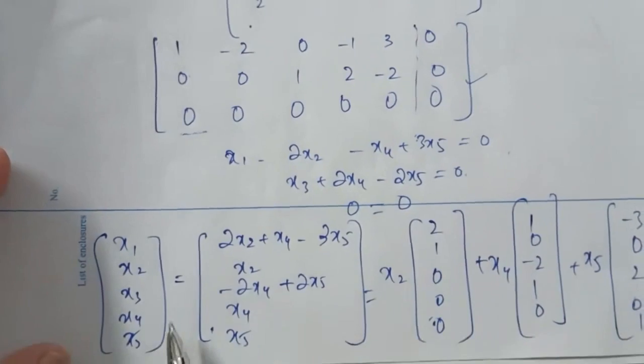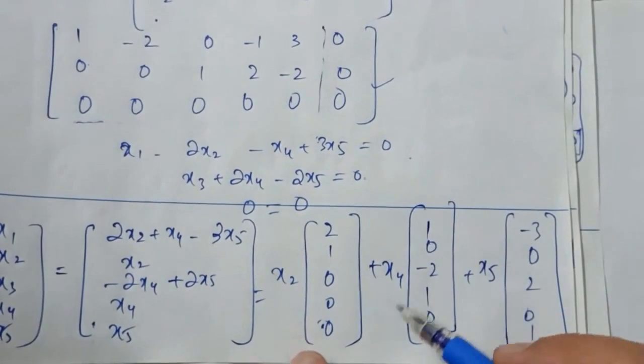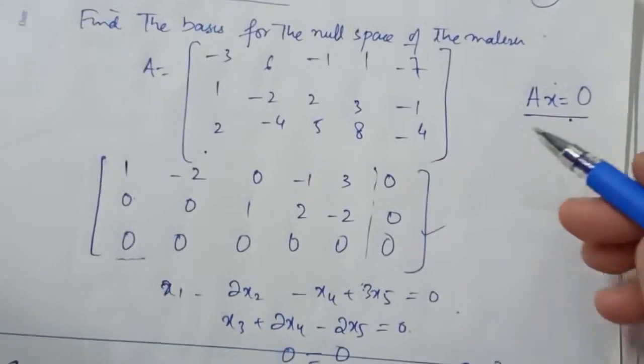When we wrote it in this form, it came out that there were 3 vectors defining the null space of this matrix A.